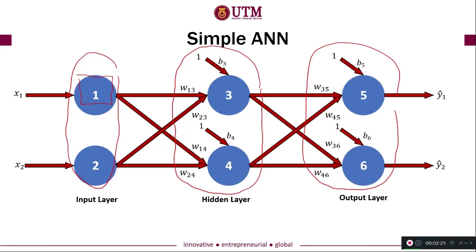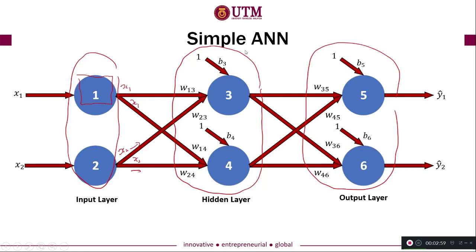This X1 will go directly into this one, and this one as well, and this arrow will carry the signal X2 going in that direction and that direction. So there's no neuron in this layer. There's a purpose why I drew this one as a circle, same as this one, because later you will see that I need to use the square for another purpose.